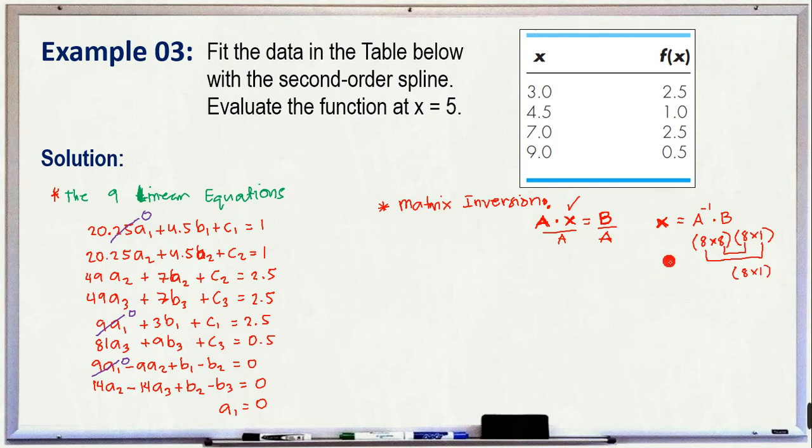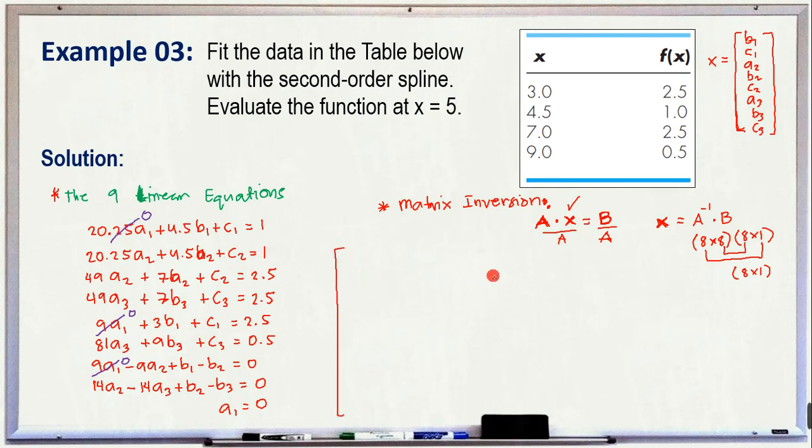So our X is the collection of B1, C1, A2, B2, C2, A3, B3, C3, with no A1. Representing this takes a lot of space.